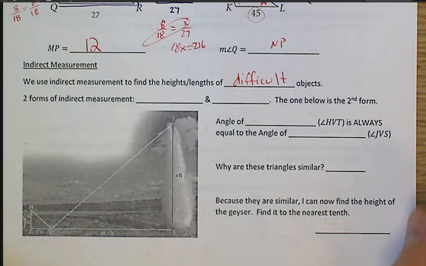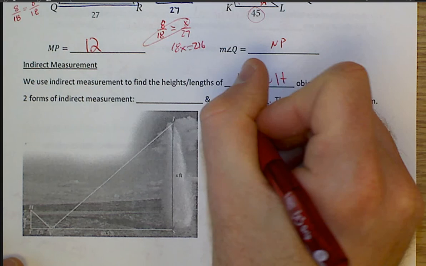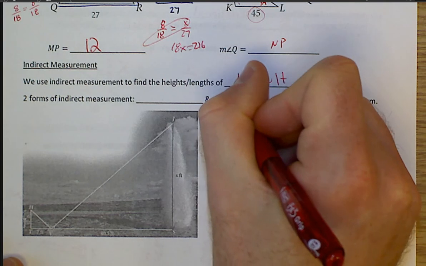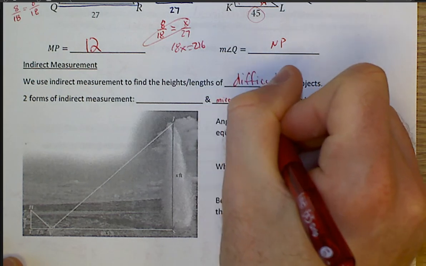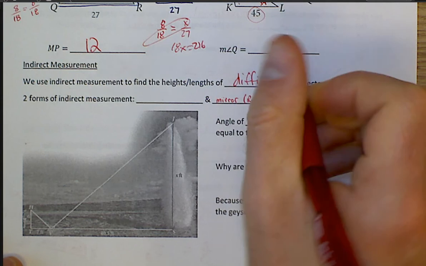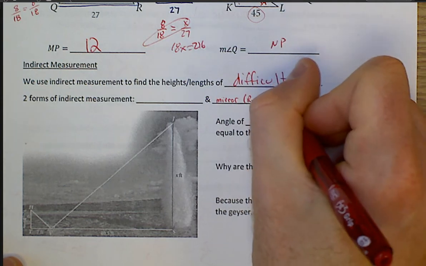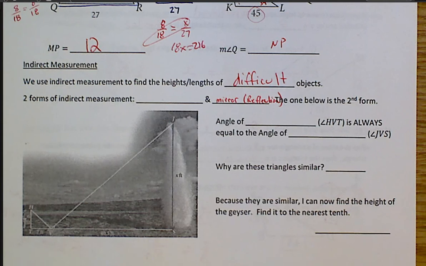There's two forms. We use a mirror, and we use reflections off the mirror. We use a mirror, and this is what this situation is. You can't really see it, but there's a mirror right here on the ground, so I'll explain the situation. This is a person right here. He's 6 foot tall, and I'll redraw these triangles for you.